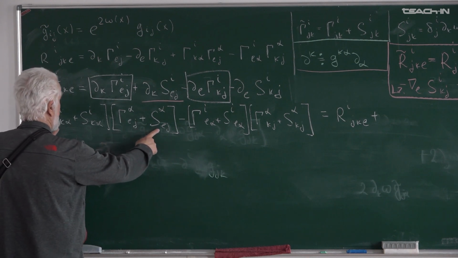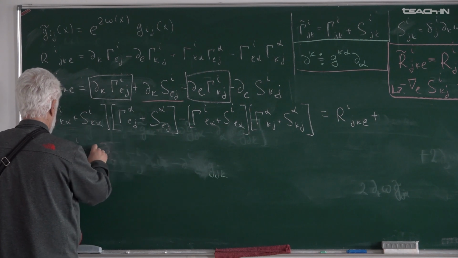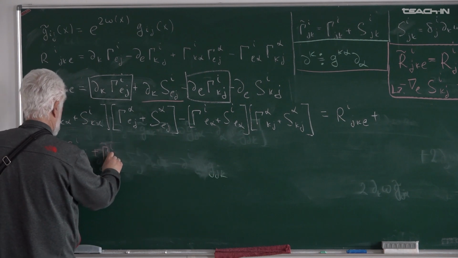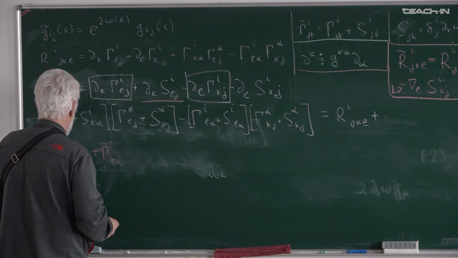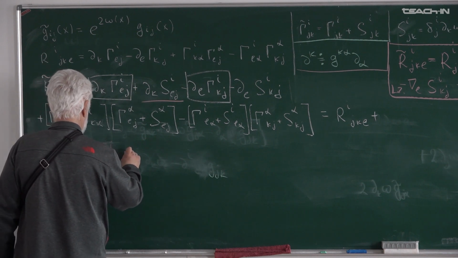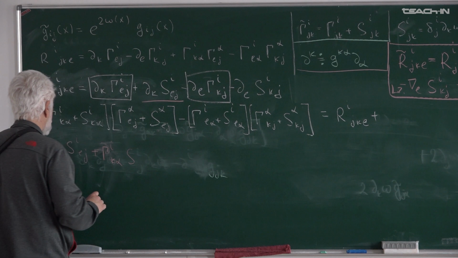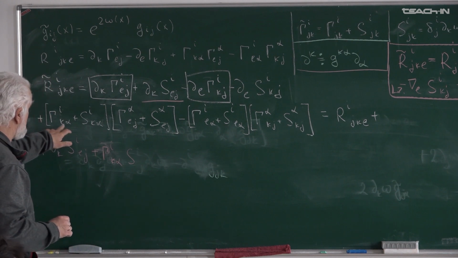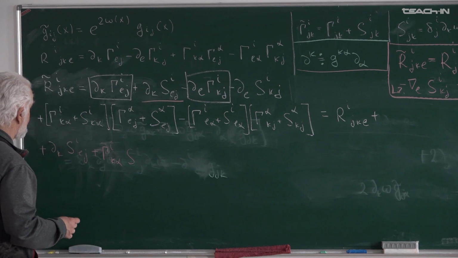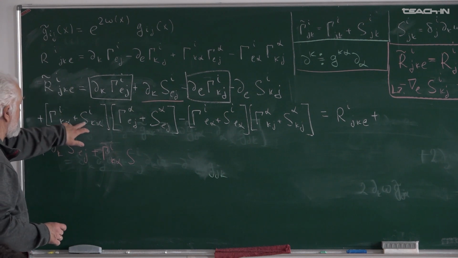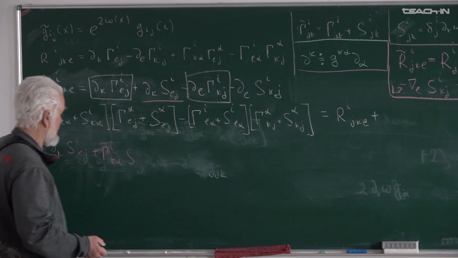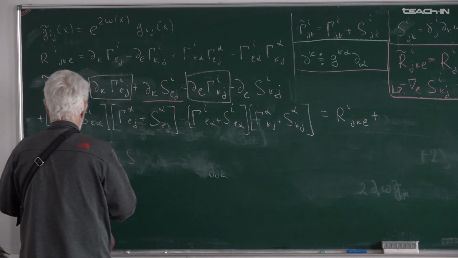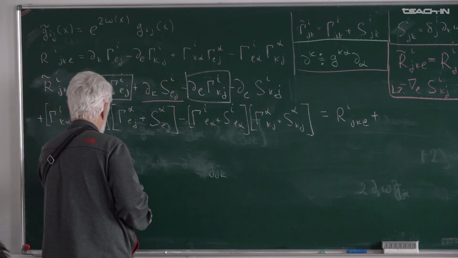Okay, let's take this product. Okay, alpha S, so we have three cross products. Okay, but let's write these terms and then discuss.